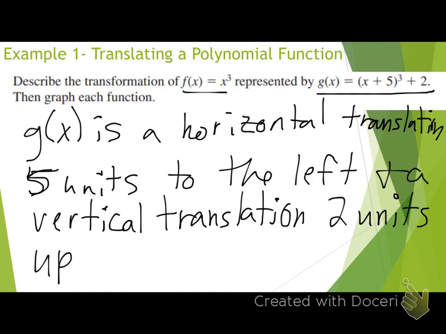Hopefully. It is. I can tell because do I have anything being multiplied outside the parentheses? No. Was x multiplied by anything inside the parentheses? No. Do I have a negative outside my parentheses? No, so it's not a reflection. Is x negative inside the parentheses?